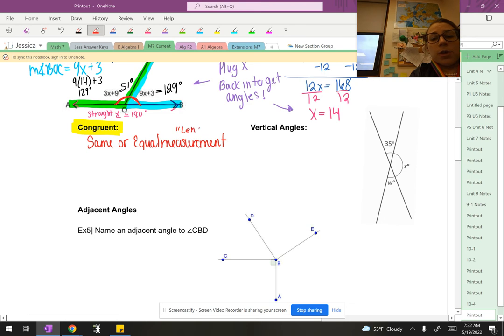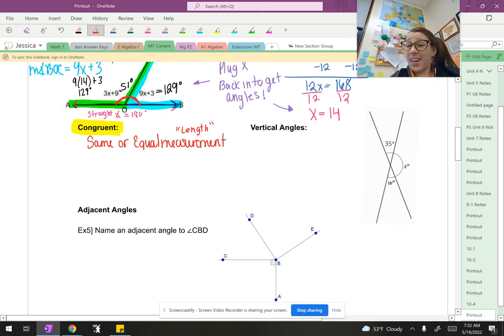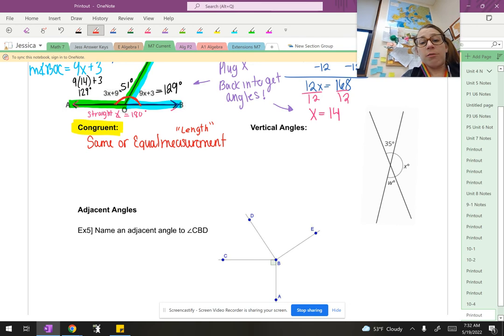Rather than measurement, you could also see equal length, depending on if you're talking about the length of a line or a side, versus the measurement of an angle. Just equal.